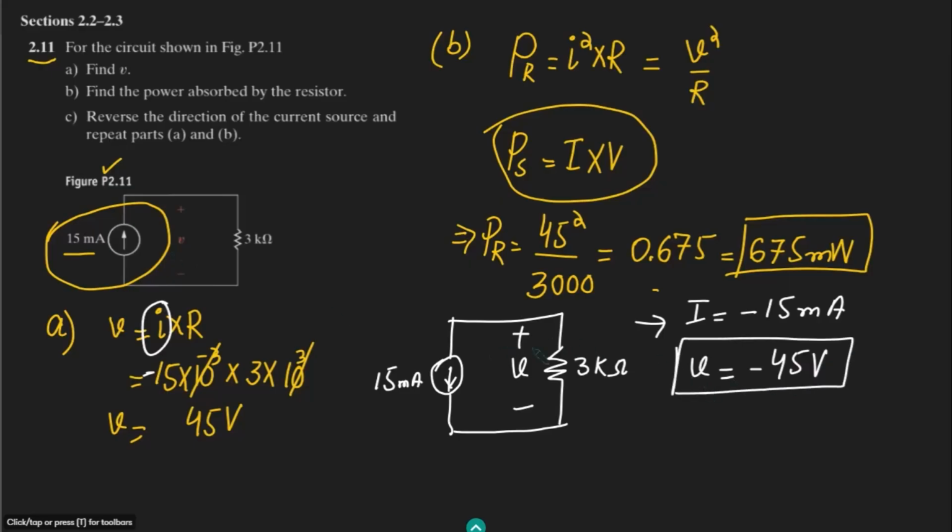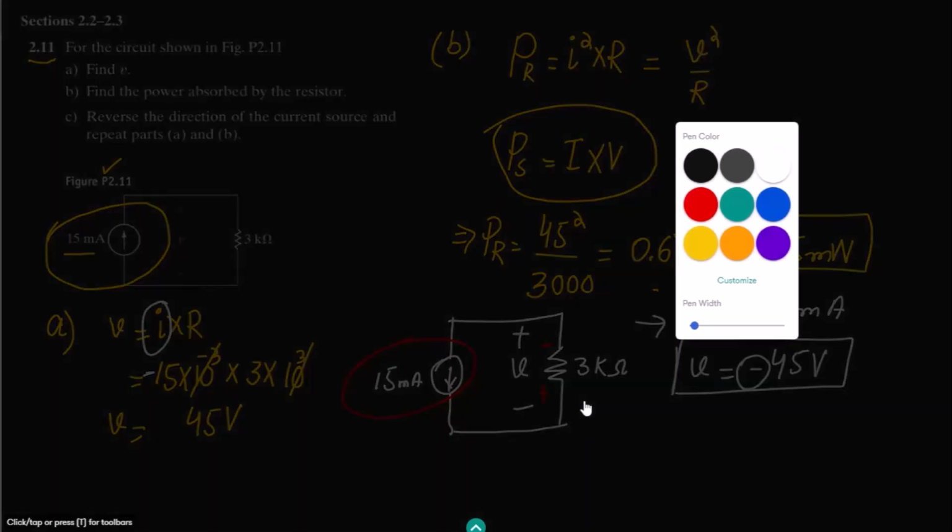It means that the polarity we have selected is this one, but the actual polarity, which is given by this negative sign, is opposite to what we have supposed here. This is positive, but the actual polarity here is plus minus, and that is due to this opposite direction of the current source. So that is for this part of the question.